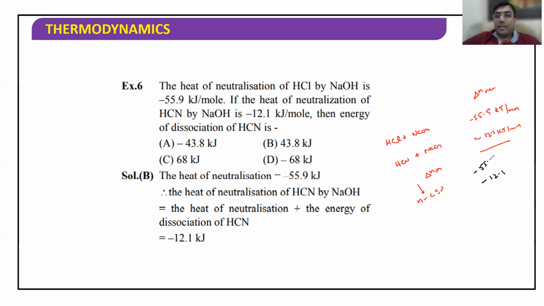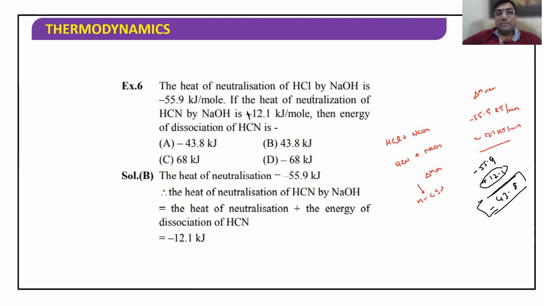Minus 55.9 plus 12.1, how much is coming? This is minus 43.8. So minus 43.8 is the heat of neutralization. This is the dissociation, so a mistake is given. Actually, this should be plus. This should be the heat of dissociation.